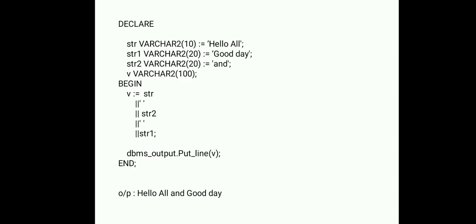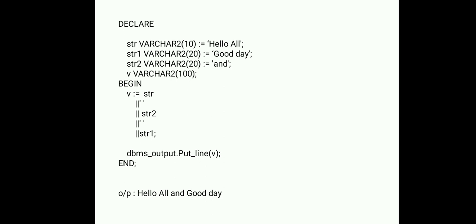Okay, so one more example, of strings. You can use the data type varchar2 for the strings. In brackets, the size of the varchar2 is given. So str1, str2 and v are three variables which can store strings.